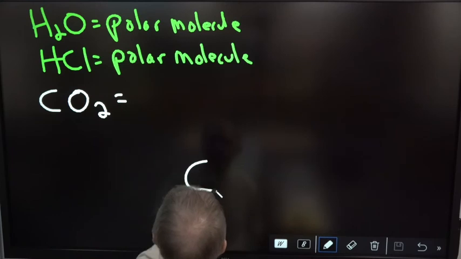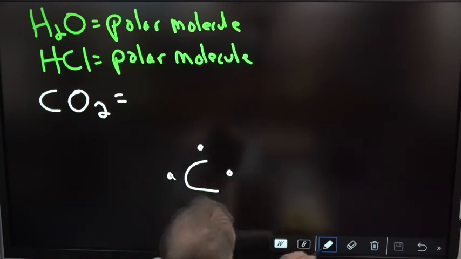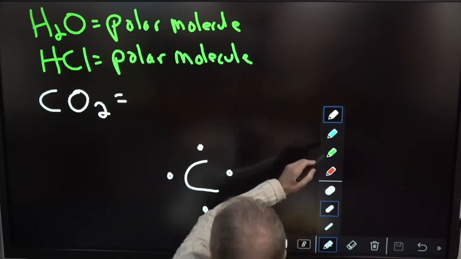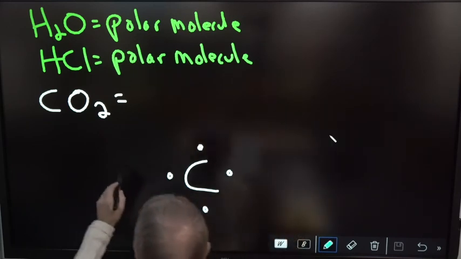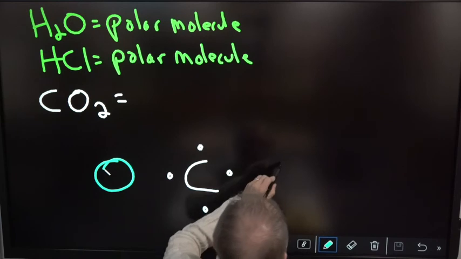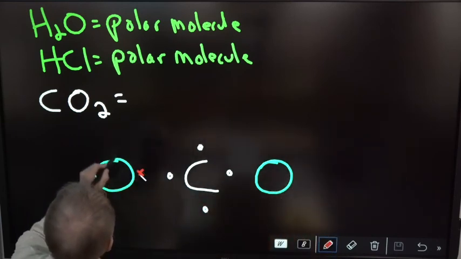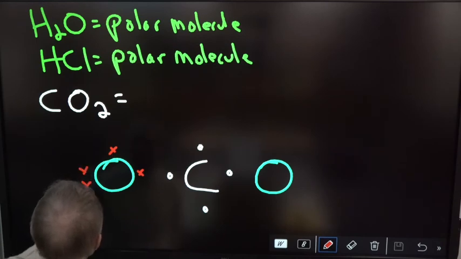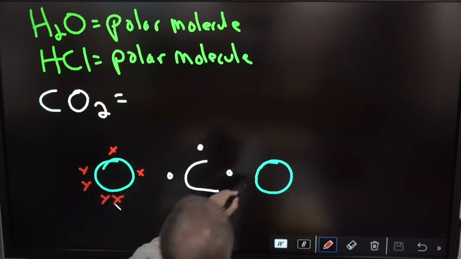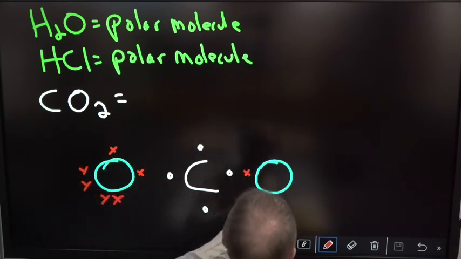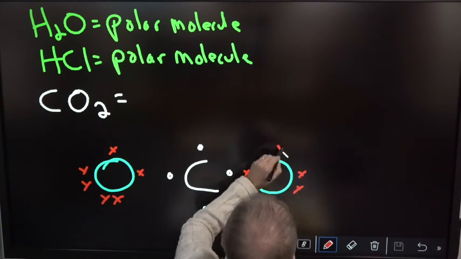So we have C, and remember it's a little weird because it has 4 separate electrons, and then we have O2. We have an O here, and we have an O here, and they have single, single, pair, pair, pair, pair, single, single, pair, pair.